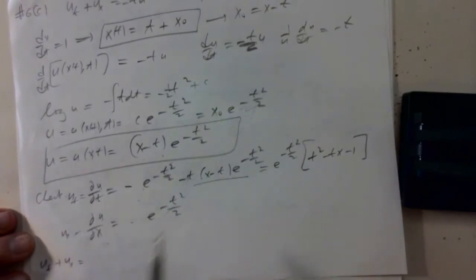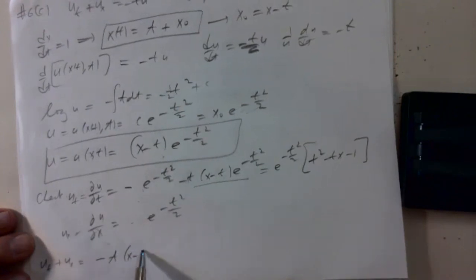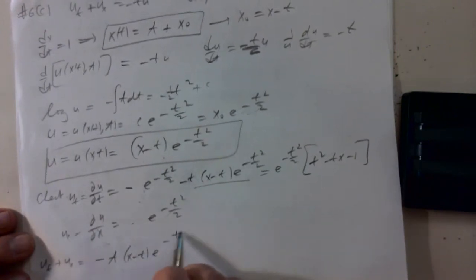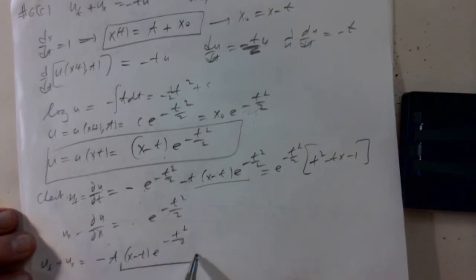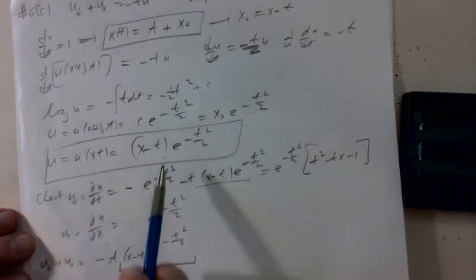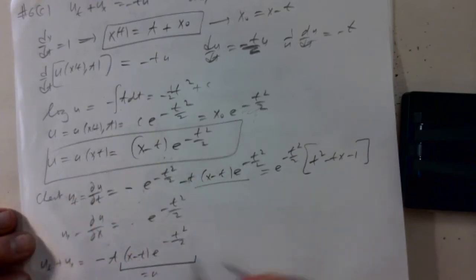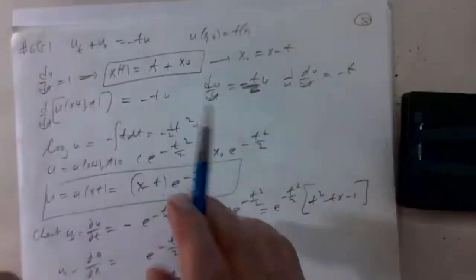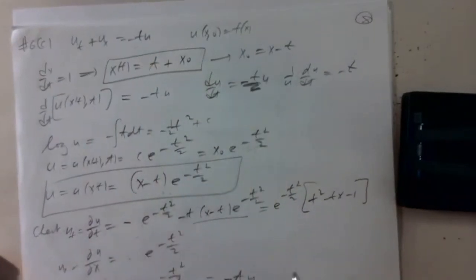I just get minus t times f of x minus t e to the minus t squared over 2. But this is u, so it equals minus t times u. And that's what it's supposed to be. That's the differential equation. So this checks.